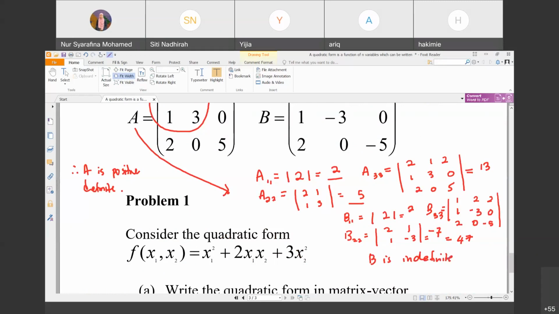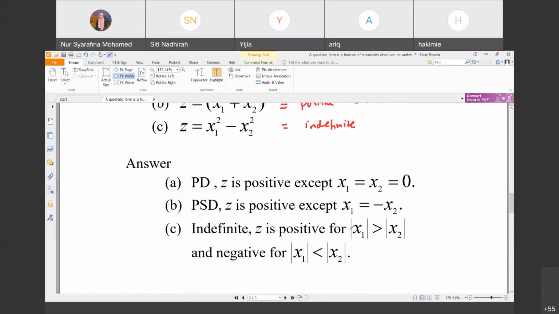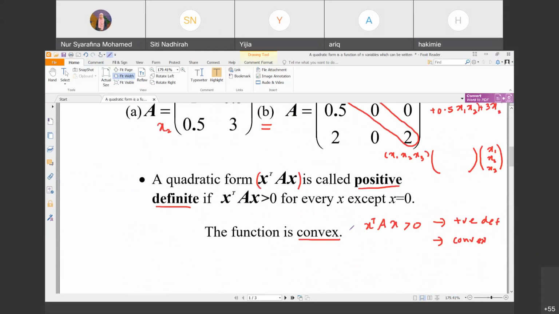Why do we need to understand positive, semi, and indefinite? Because we want to make a conclusion in terms of convexity and concavity here. When the function is positive definite, it is convex, right? Otherwise, it is concave. The function is convex if and only if the matrix or the quadratic form here is positive definite.